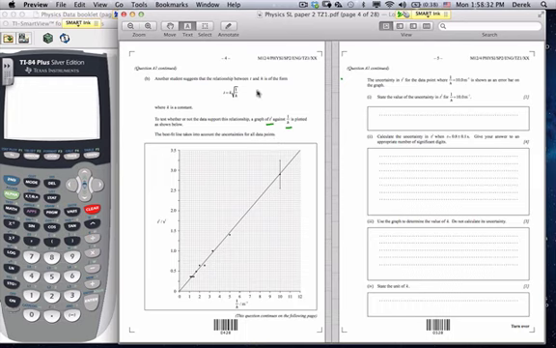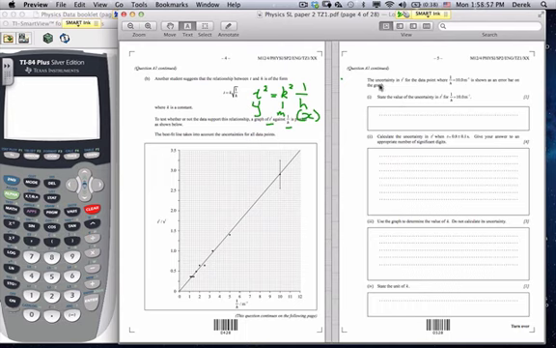So we have t squared is equal to k squared times 1 over h. So obviously our y is our t squared and our x is our 1 over h, and this will be our m. So the slope is equal to k squared.